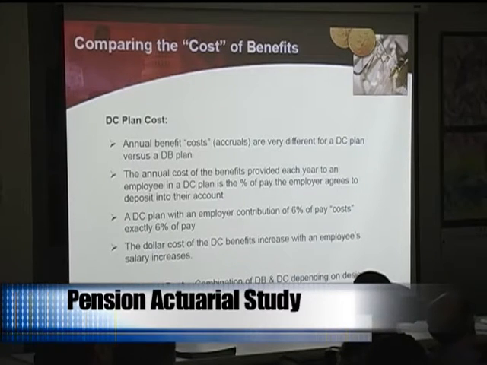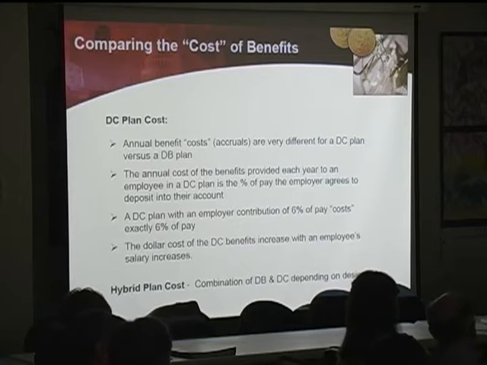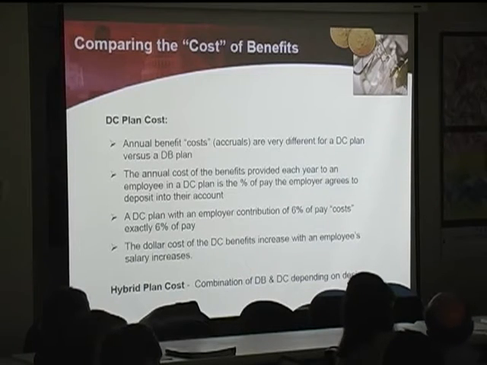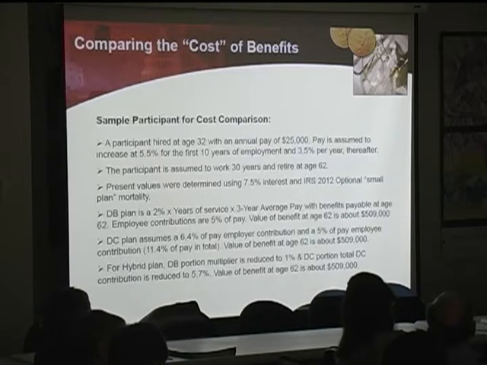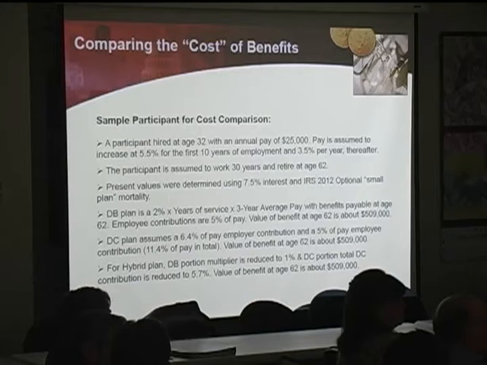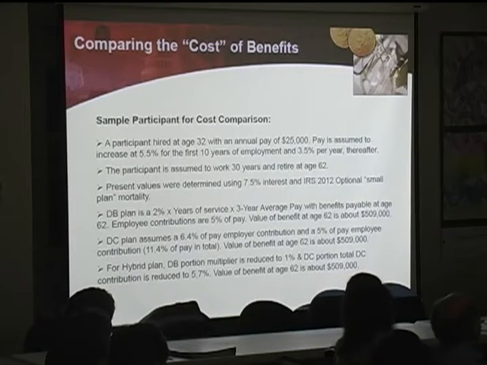So the town doesn't win or lose depending on investment return, which is very different from the DB plan, where positive investment returns help the employer and negative investment returns hurt the employer as far as total contributions. And then at the bottom there, the hybrid plan is just a blend of the two. It's a way of maintaining some defined benefit by reducing some of the risks.